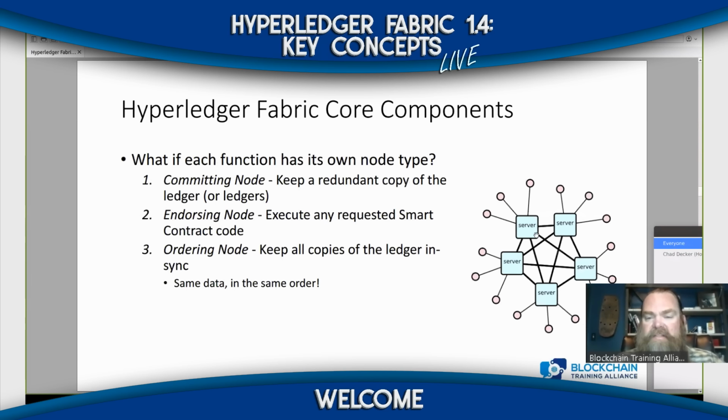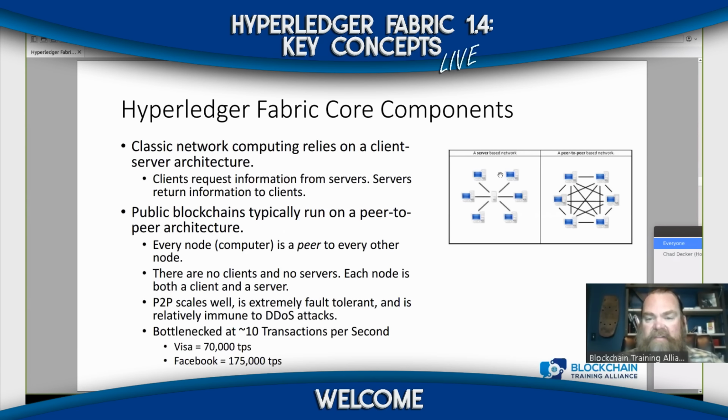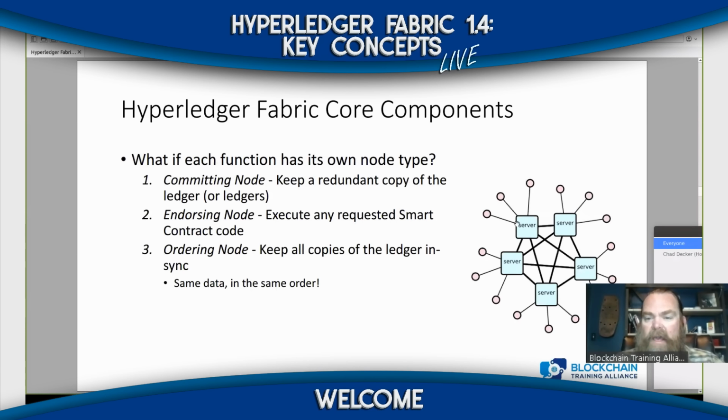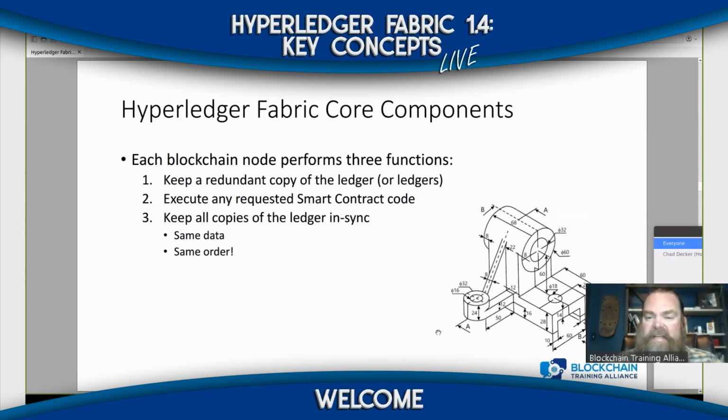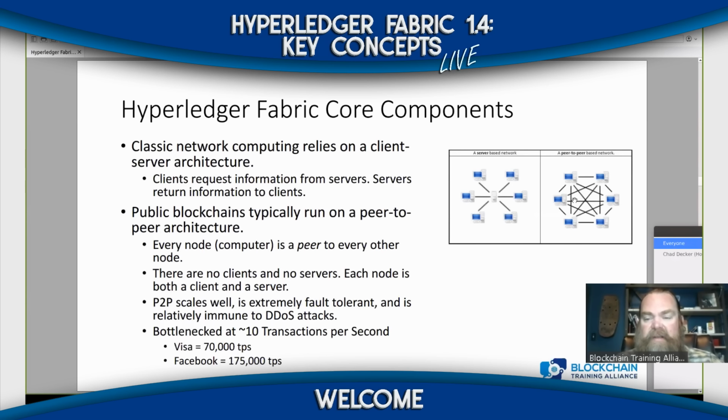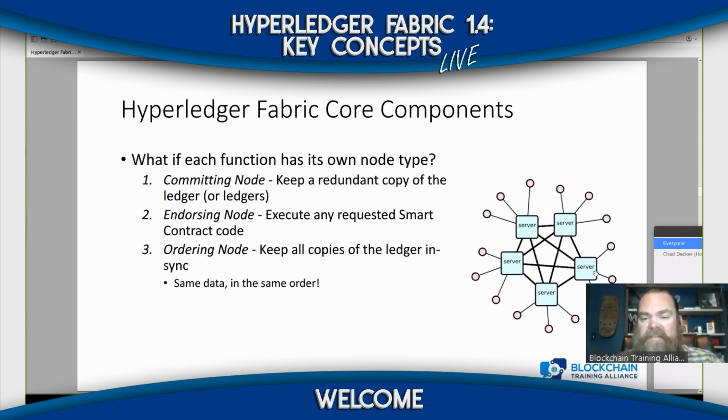Notice in this organization, this isn't nearly as centralized as client server, but there's still some servers in here. So it's not quite as decentralized as peer-to-peer. It's a hybrid, it's a mix. It's the best, or depending on your point of view, the worst of both worlds. So we do have some redundancy, we do have some failover, we do have some fault tolerance, but we're not running in a completely peer-to-peer fashion.